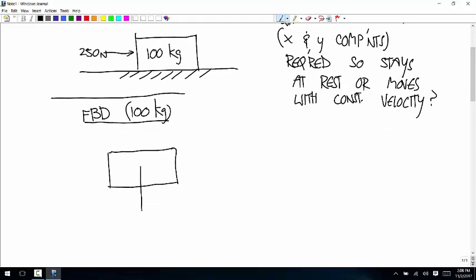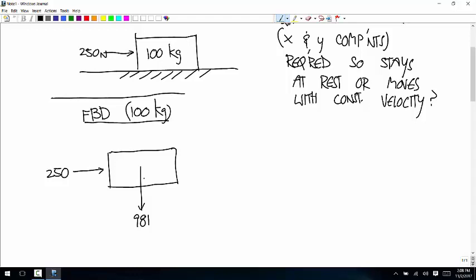There's a weight force. 100 times 9.81 is 981. There is a 250 Newton force going this way. And then we're just going to think about the force that's applied by the floor as an unknown vector.